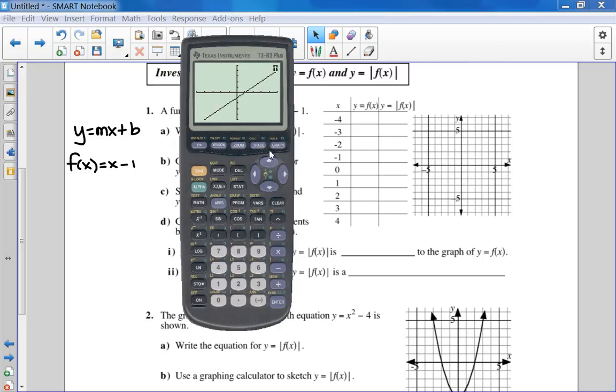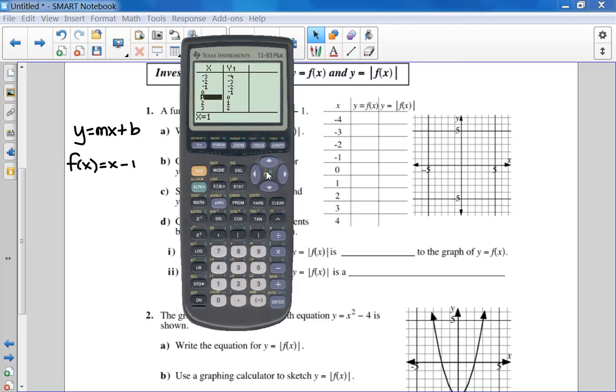And if you want to take a look at the table, you hit second graph, and you can see exactly what I'm saying. As x goes up 1, y goes up 1. As x goes up another 1, y goes up another 1. So that's the slope. And what's the x-intercept? When x is 1, y is 0. That's the point we're interested in.